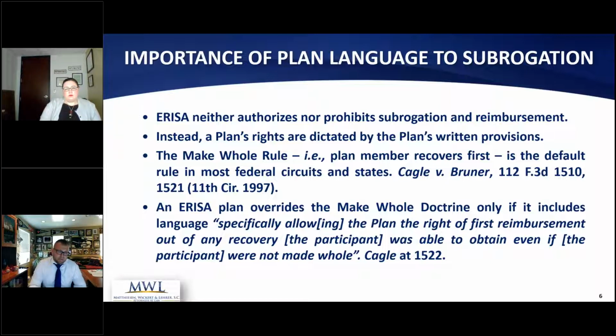So there might be a subrogation provision in the plan, but there's actually an amendment to that later on. You want to make sure that you have all of the important material modifications to the plan to see if there are any updates to the subrogation provision.